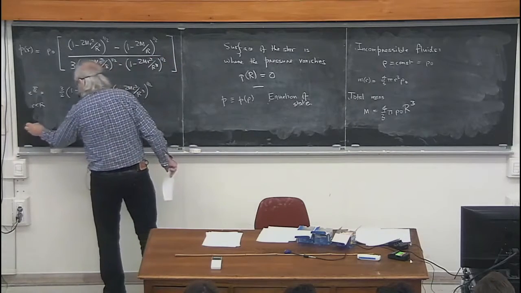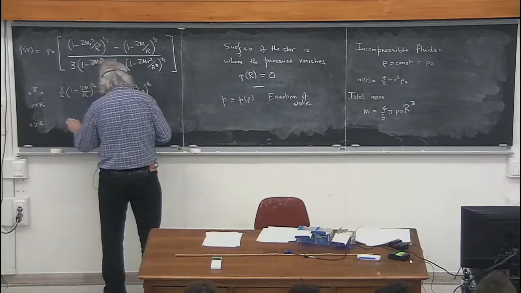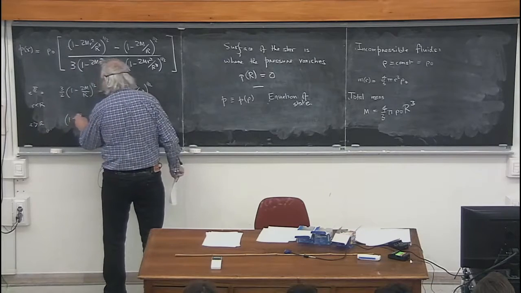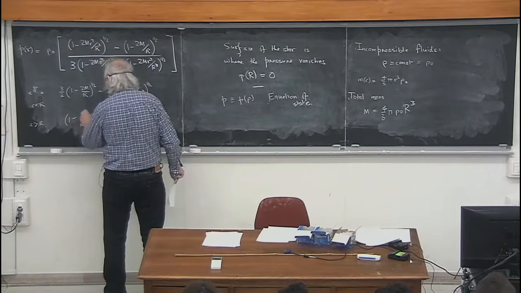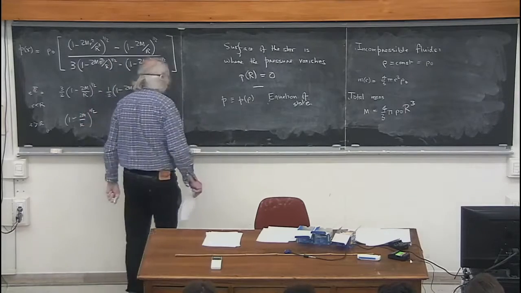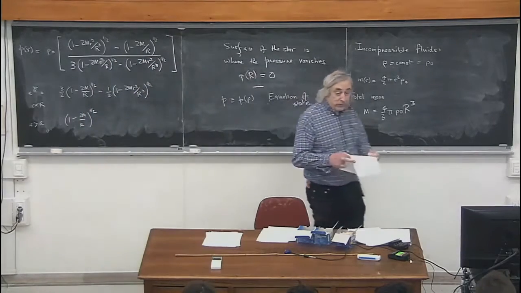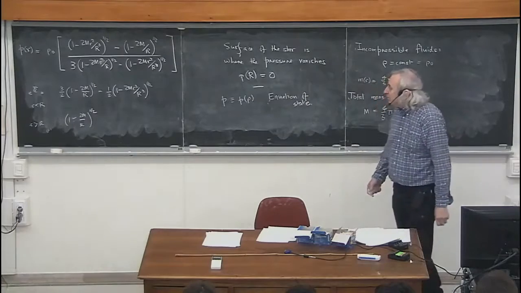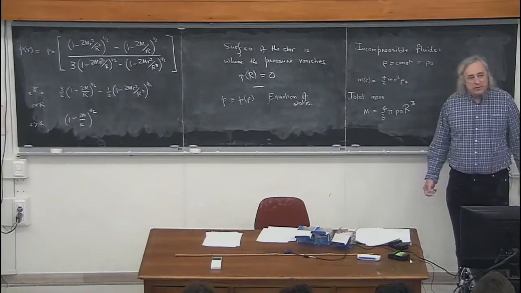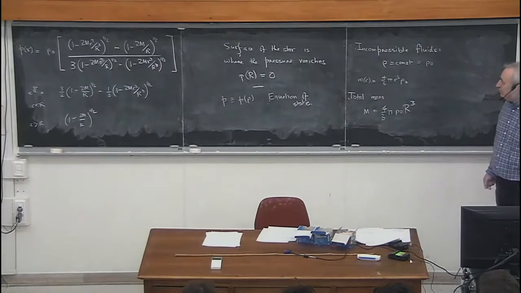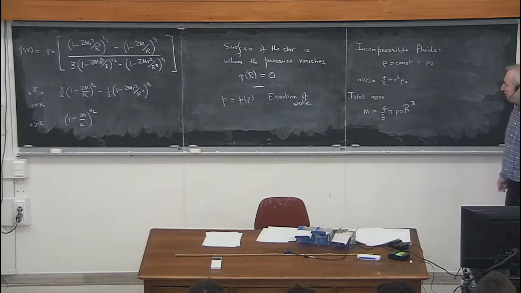And of course, for r greater than R, it's equal to (1 minus 2m over r) to the half. So that's the solution to those equations. Do you notice anything strange about this? Well, I hope the answer is yes.